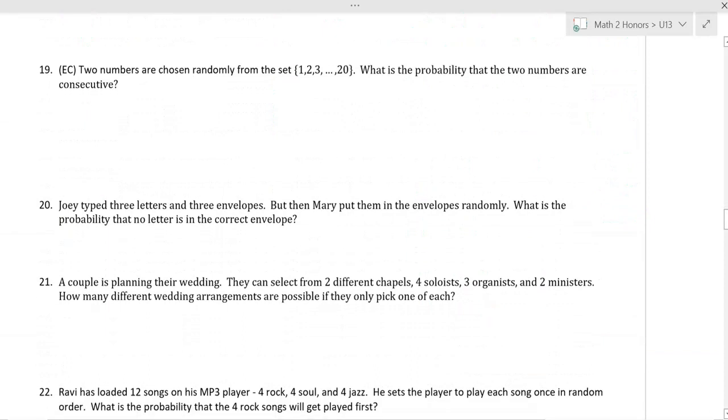Number 19. 2 numbers are chosen randomly from the set 1 to 20. What's the probability that the 2 numbers are consecutive? Consecutive means next to each other, like 2 and 3, or 5 and 6, and so on.